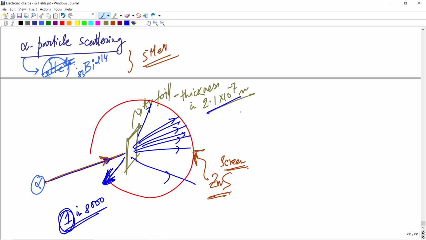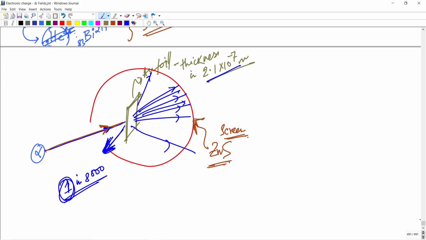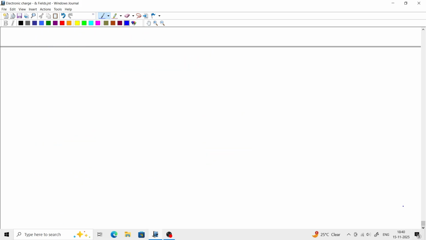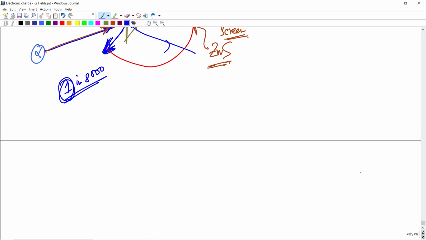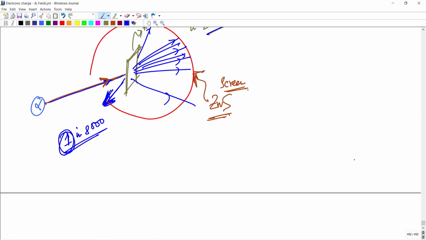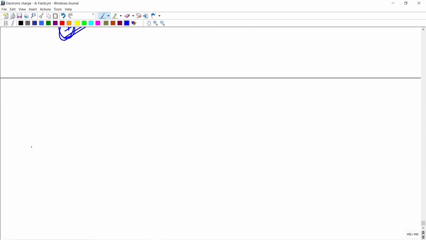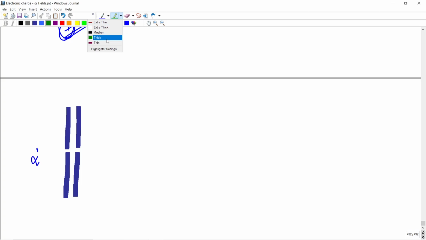And if I draw this diagram more elaborately, same diagram here, I put an alpha particle here, and these two are lead bricks here, and here I put some screen.